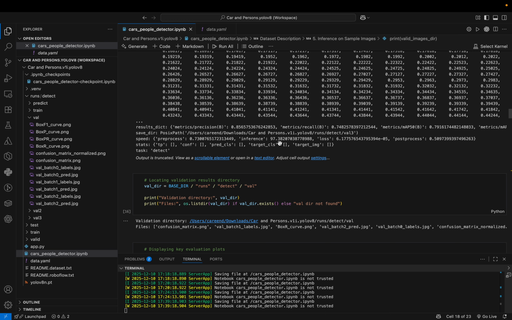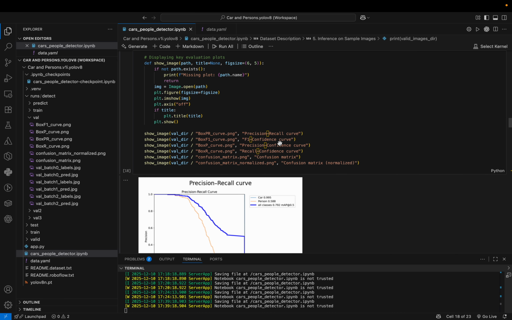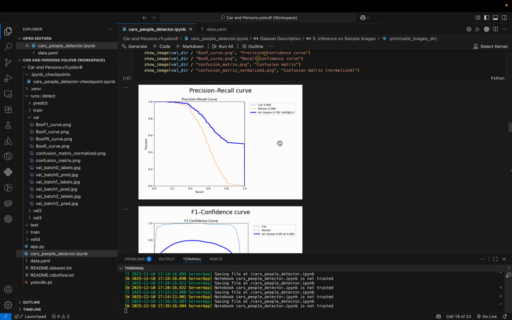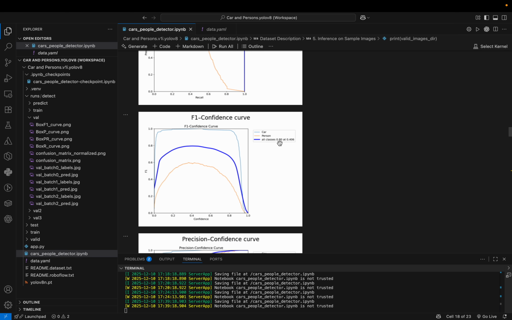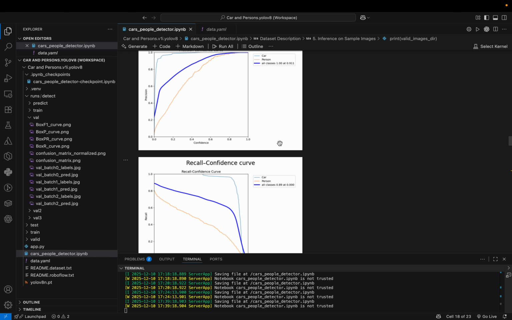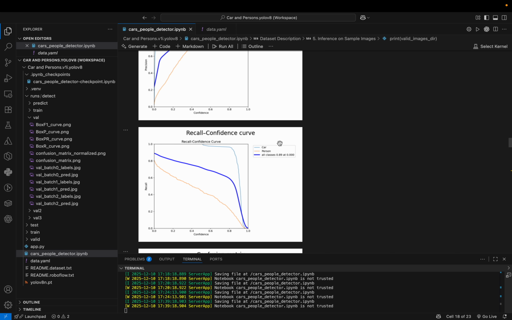And for the validation, I used the precision recall curve, the F1 confidence curve, precision confidence, and recall confidence.